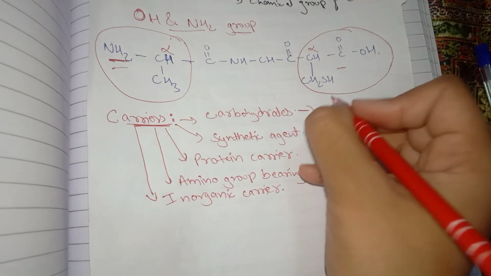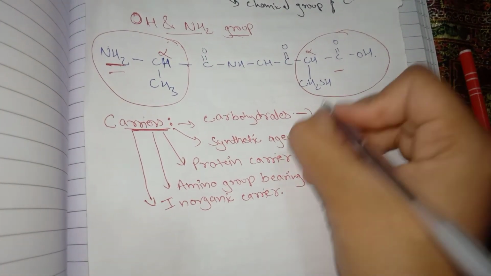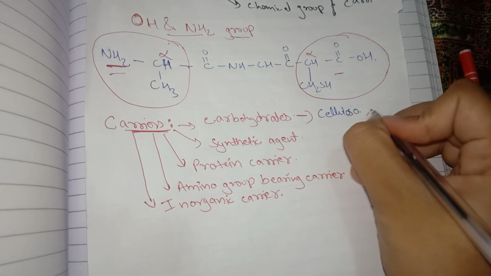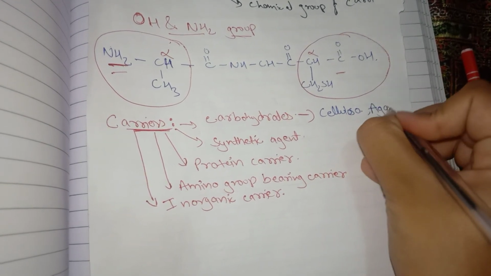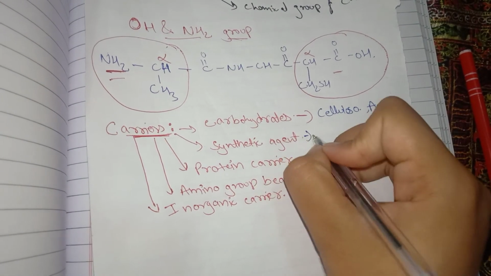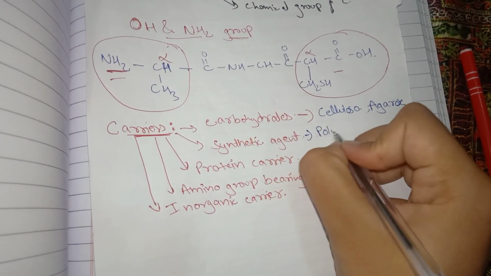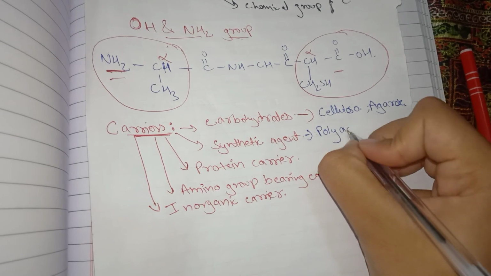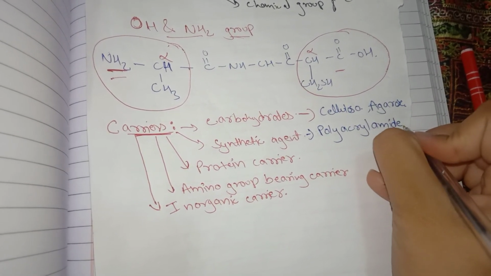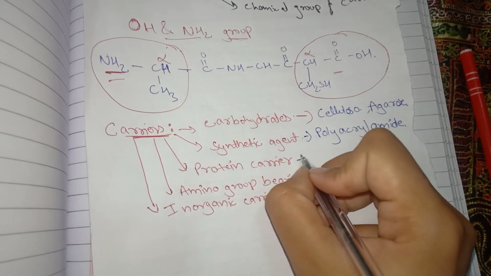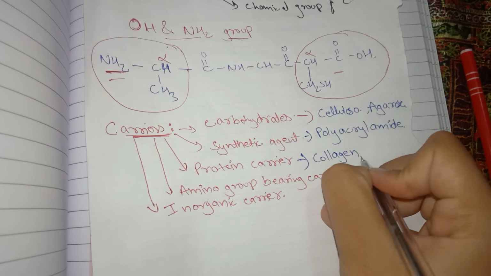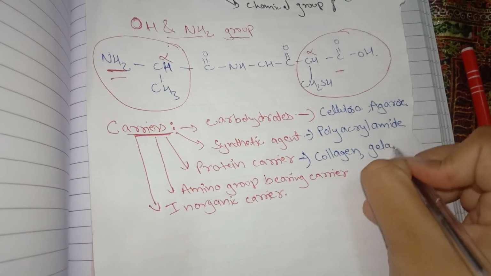So examples of carbohydrates include cellulose and agarose. Important synthetic agent is polyacrylamide. Examples of protein carrier are collagen and gelatin.